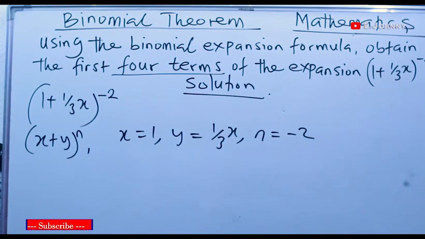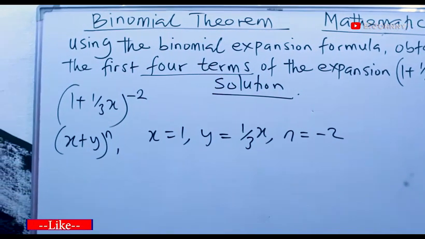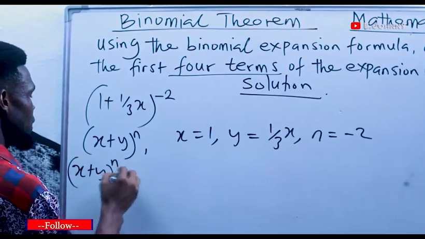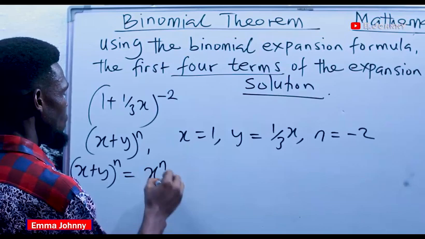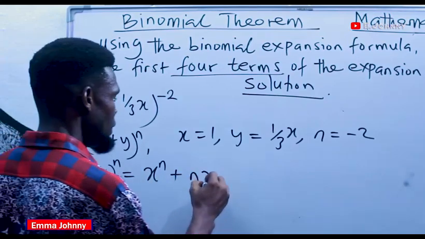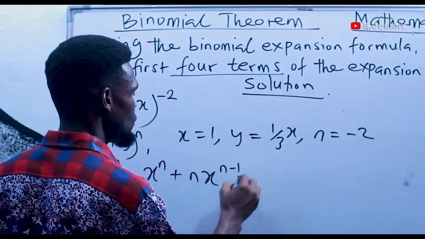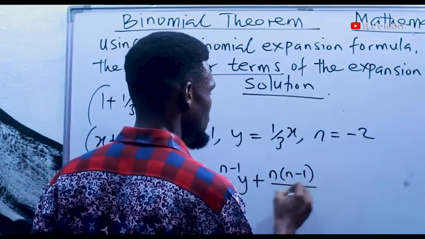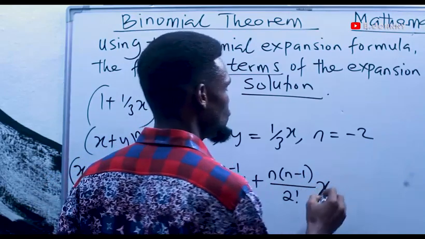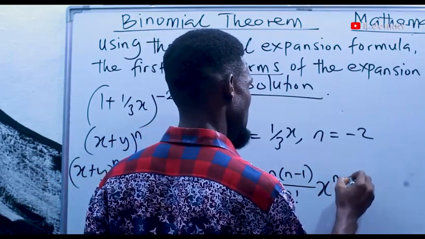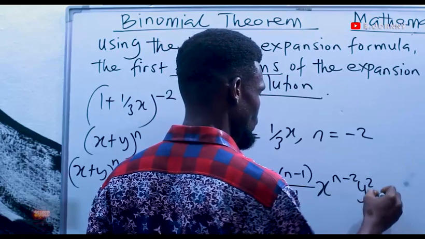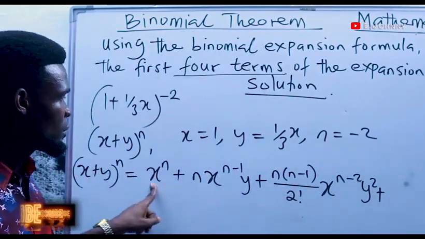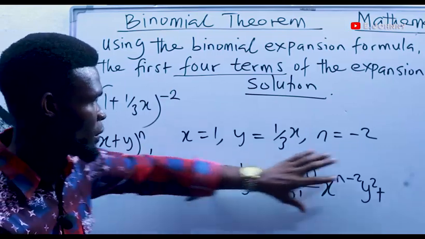Then you quickly recall the binomial expansion formula for x plus y raised to power n, which is x raised to power n plus nx raised to power n minus 1 y plus n into n minus 1 all over 2 factorial x raised to power n minus 2 y raised to power 2 plus, remember the first four terms, this is 1, 2, 3.